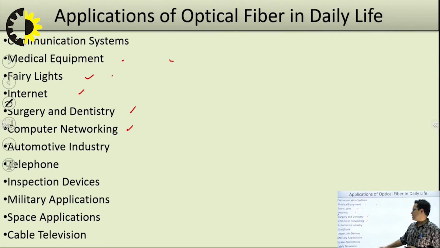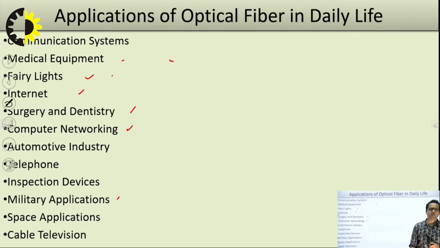Apart from this, in military applications, as this link is very secure, it can be used where a highly secure link has to be established for transmitting information from one base to another base.